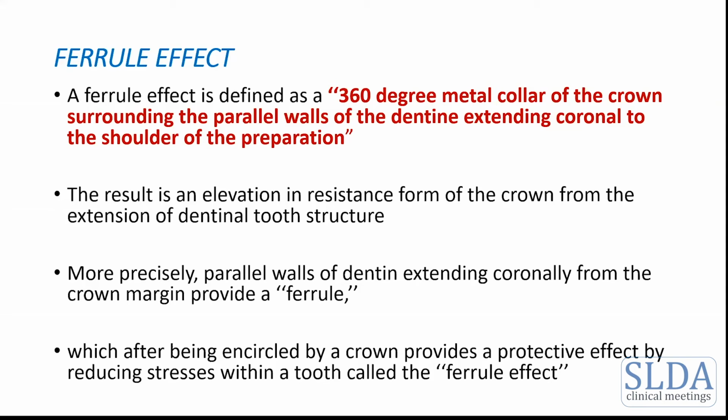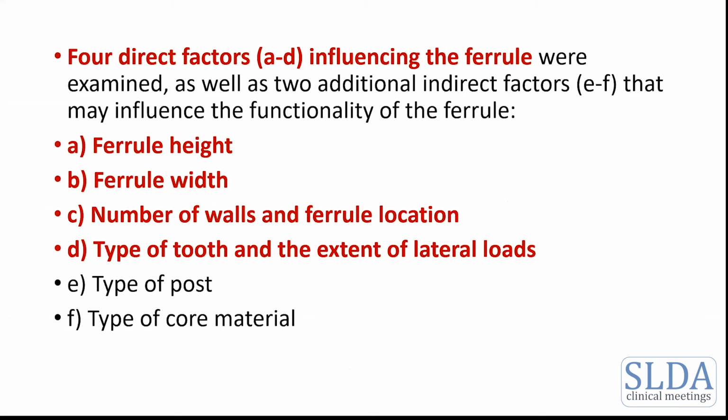So when you assess restorability, you have to see whether the ferrule is there. There are 4 direct factors influencing the ferrule: ferrule height and ferrule width, number of walls and the ferrule location, and type of the tooth and the extent of the lateral loads.